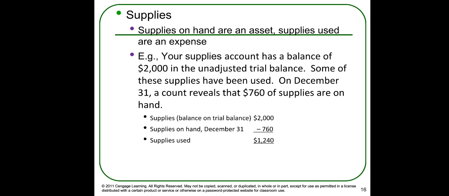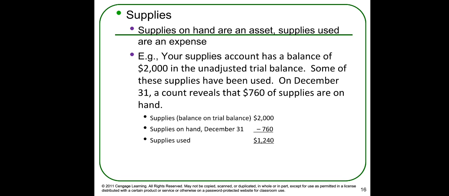And then during the year, you have used the supplies. And then at the end of the year, you found that only $760 of supplies are left on hand in the shop. So if that is the situation, see the simple calculation below.